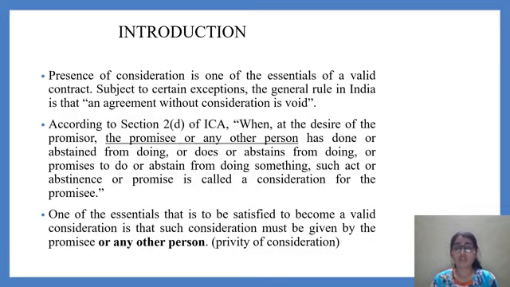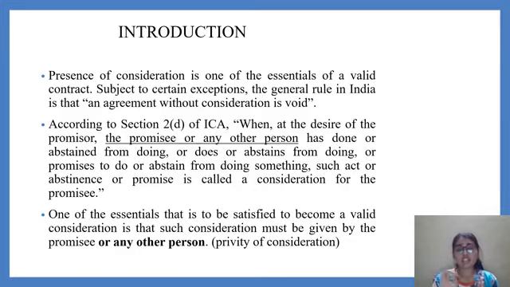We all know that one of the essentials of a valid contract is the presence of a consideration. The general rule in India is that, subject to certain exceptions, an agreement without consideration is void. Now, let us try to understand what the term consideration is, or what is the definition of the term consideration. The term consideration is defined under section 2 clause D of the Indian Contract Act.